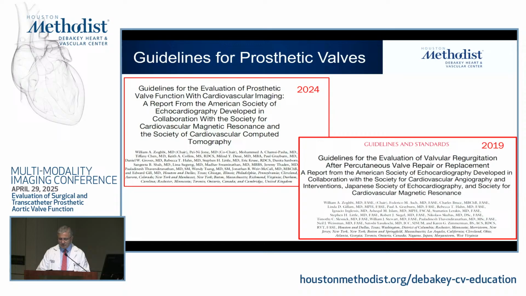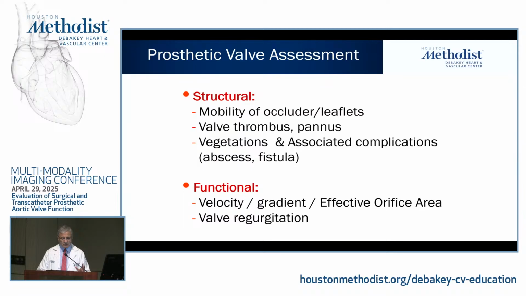So I would like to refer to these two guidelines because they go in depth into the various evaluations and all the technical aspects, and we're going to try to highlight the essence of these guidelines today for you.